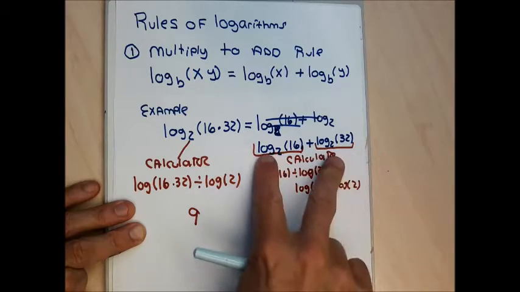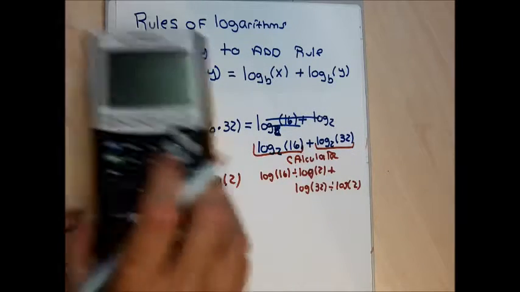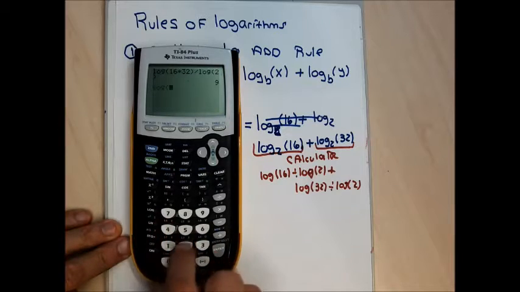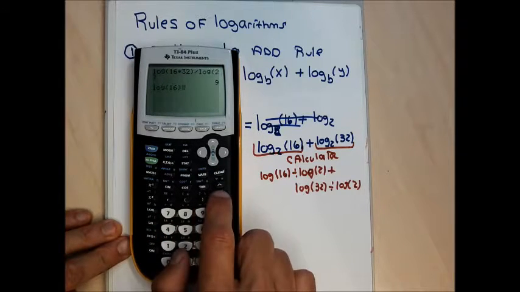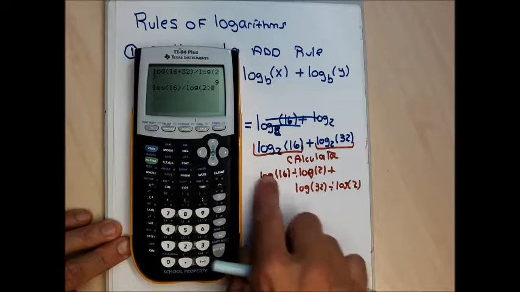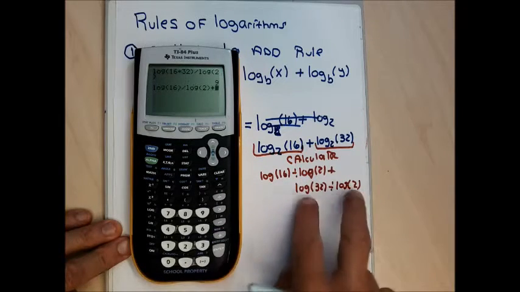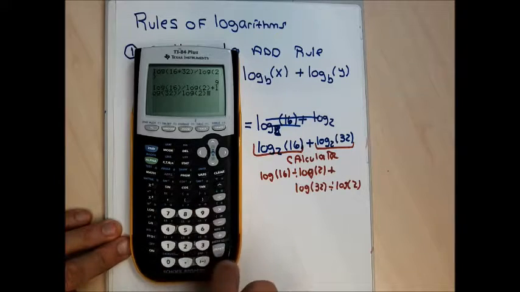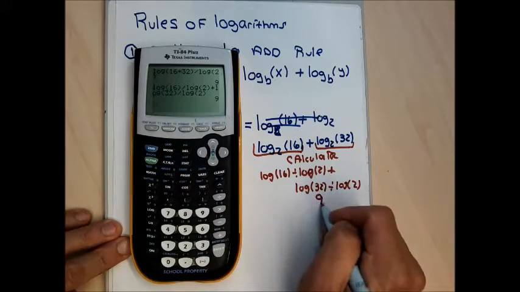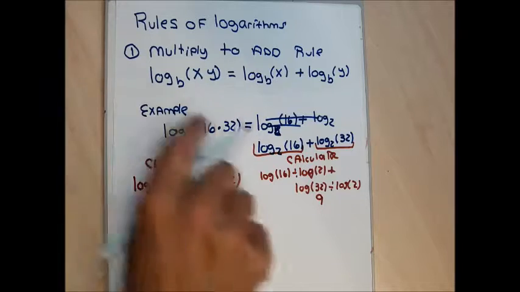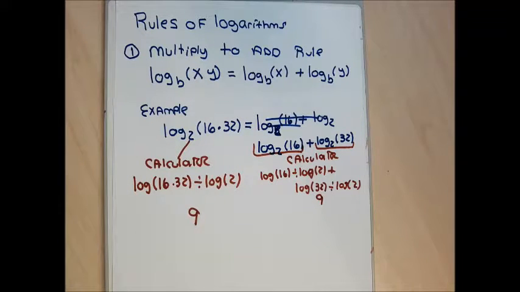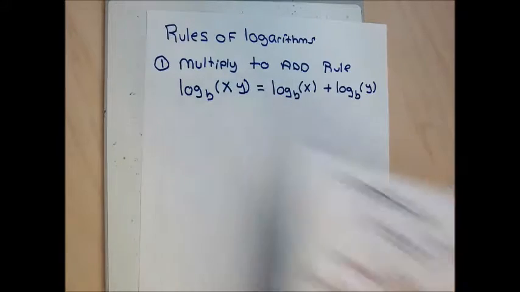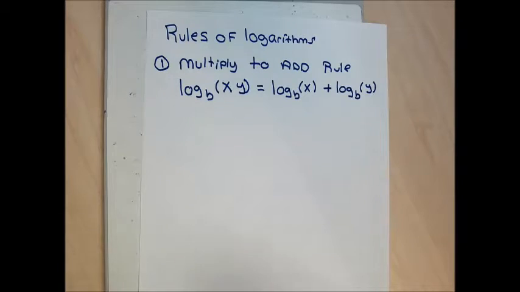So to get this side entered, there's more logarithms, it's more complicated. For this side, I do the log of 16, close out my parentheses, divided by the log of 2, that's that one. Follow up with a plus sign, and then for this one, log of 32 divided by the log of 2, and it gives me 9 as well. So this rule tells me that if inside a logarithm I have multiplication, that I can expand one logarithm into multiple logarithms. Let me do another example of this rule that's a little more complicated.